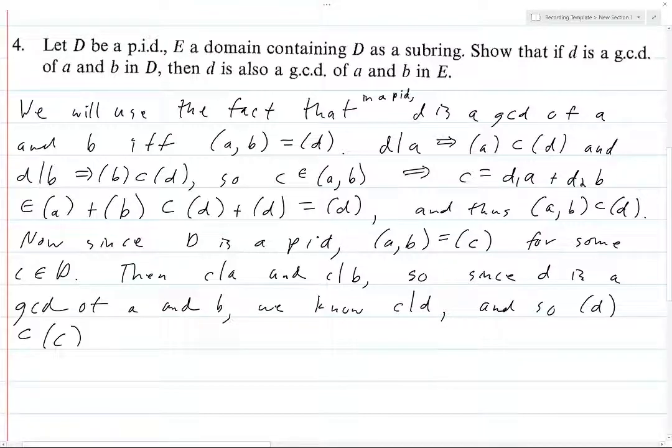You just think, oh, well, C divides D. That means that D is some multiple of C, which means that the element D is contained in the ideal generated by C, which means that the ideal generated by D is contained in the ideal generated by C. So there you go. So (D) is contained in (C), which we know is equal to (A, B). Hence, (A, B) equals (D).